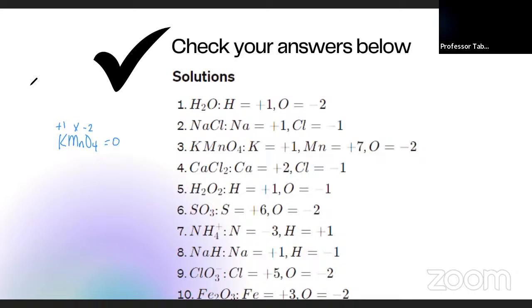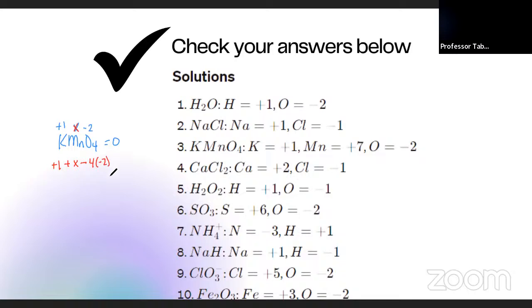Now, here's the thing, though. I'm going to color code. Let me put the manganese in a different color so you all can see that, okay? That's the one that we're looking for, in case you didn't know what manganese's charge was. So what you're going to do, you're going to say +1, so that's a +1, plus X, that's what you're looking for, plus you have 4 oxygens times that -2, okay?